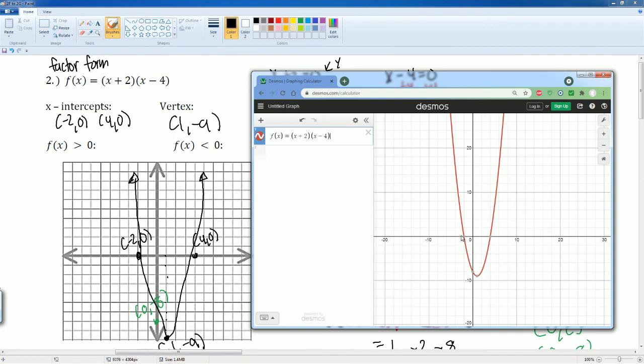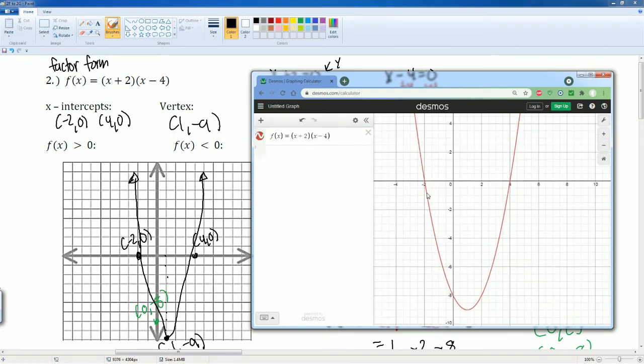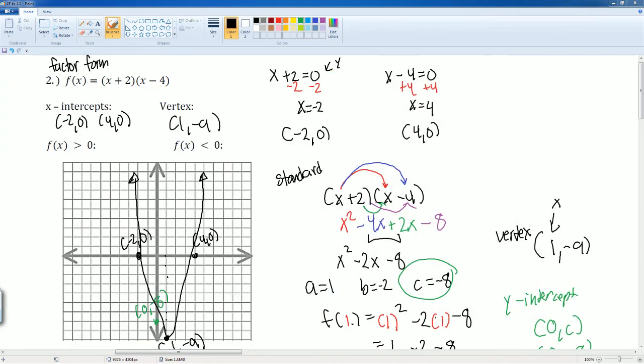Does that work? Yep, here are our two x-intercepts at those locations, negative 2, 0 and 4, 0. The vertex here is at 1, negative 9, and our y-intercept at 0, negative 8. Great job.